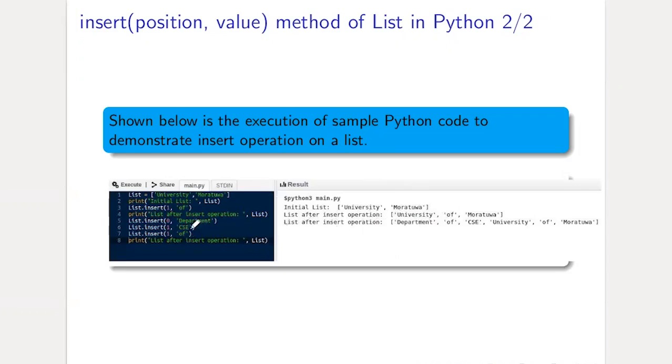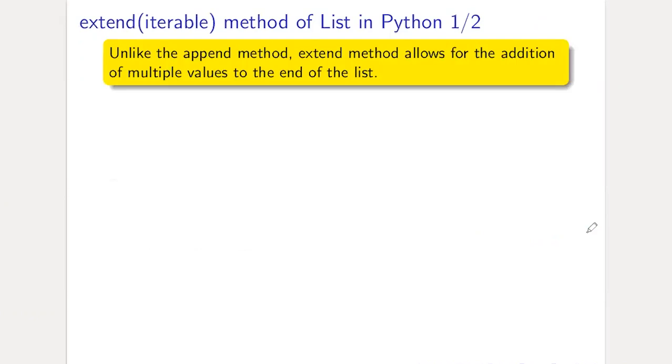I don't have the intermediate ones printed. After adding department, it would be Department University of Moratuwa. After adding CSC, adding at address location 1, it would be Department CSC University of Moratuwa. And then finally, when I add off at address location 1, this would be the final list. Okay, so it's very important for you to have a sense of where exactly the insertion happens.